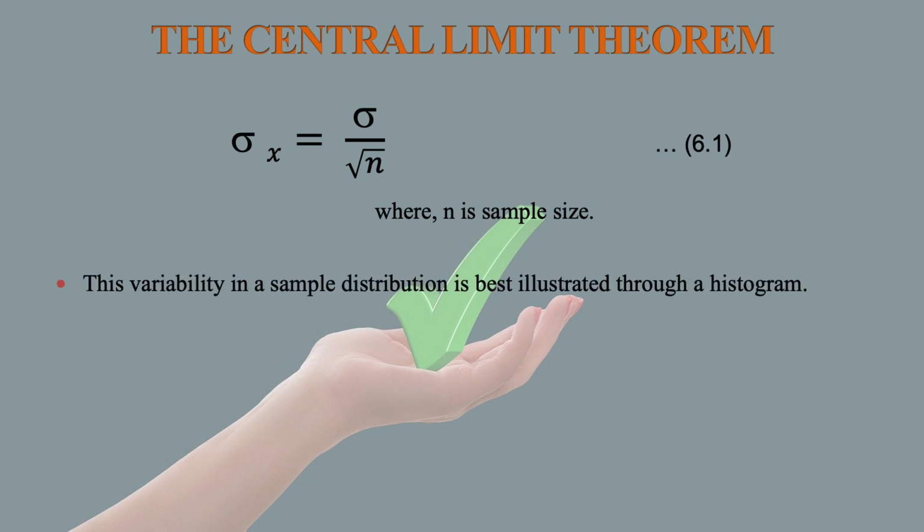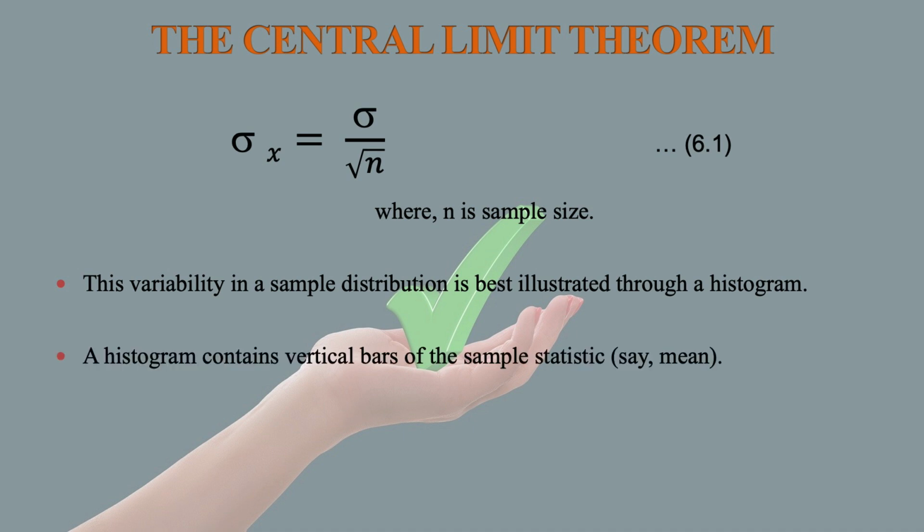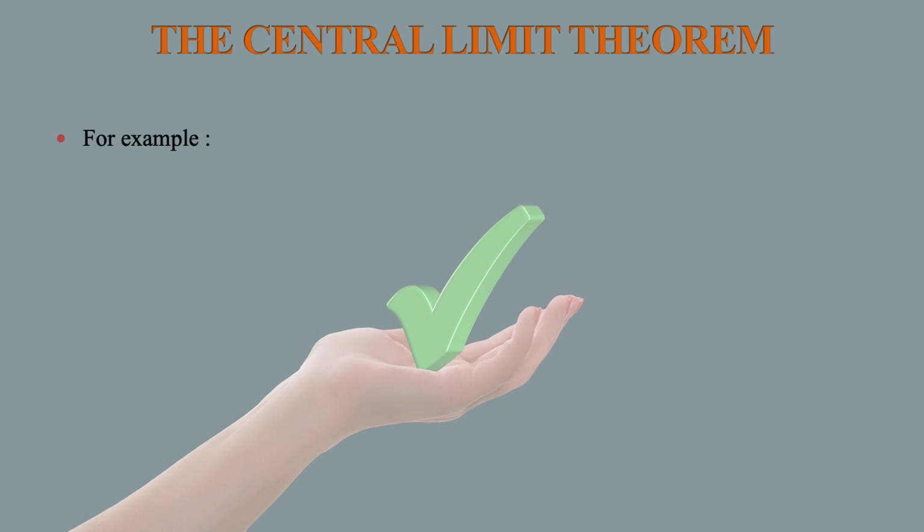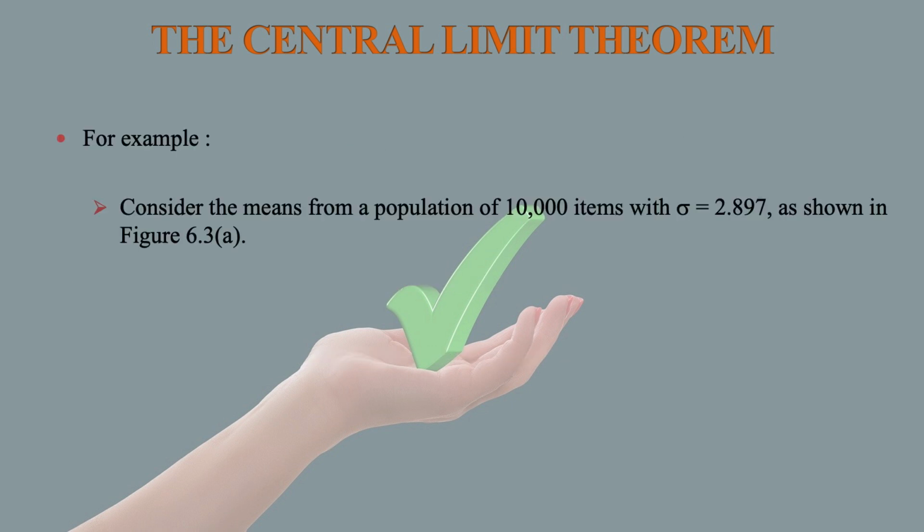The variability in a sample distribution is best illustrated through a histogram. A histogram contains vertical bars of the sample statistics, say mean. For example, consider means from a population of 10,000 items with sigma equal to 2.897 as shown in the next figure.